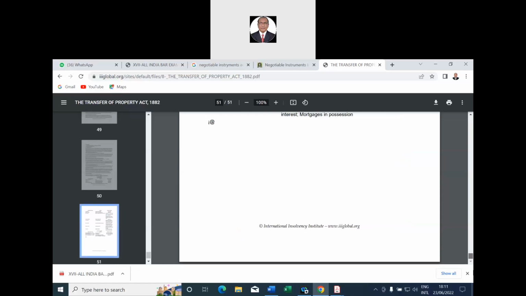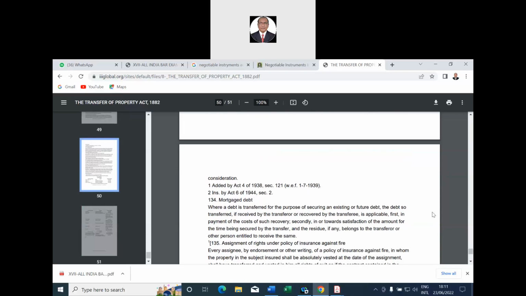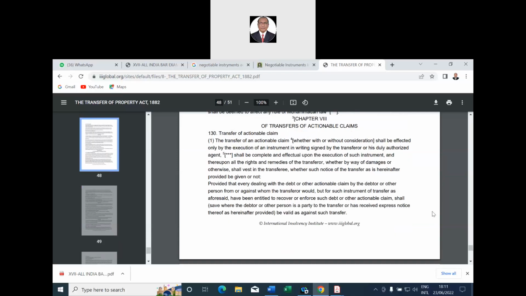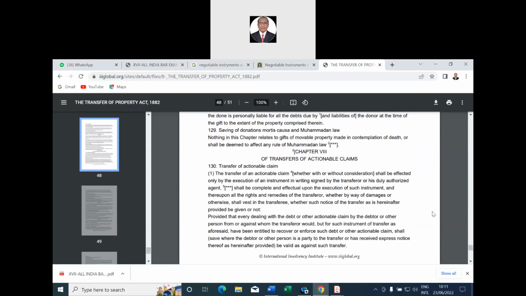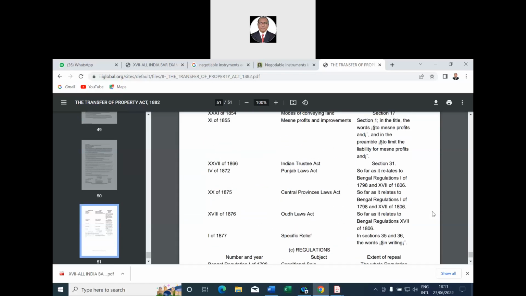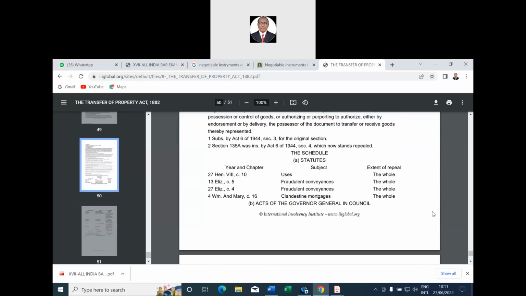Supplementary question: of course schedules, whether schedules are there in the Transfer of Property Act. Chapter 8 is the last, because it is showing, but here the tables are given. The schedules are A, statutes.